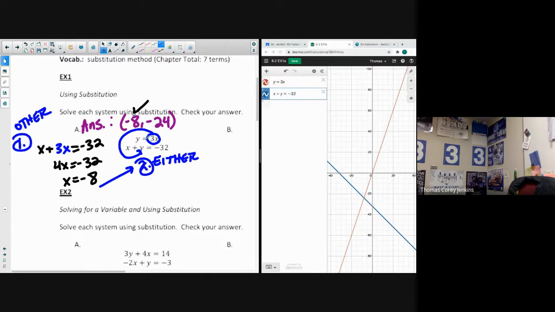I can either sub in negative 8 there or there. It looks easier on the top, so that's what I'm going to do. So y equals 3 times x, which we know is negative 8. I'm going to sub that in. So y equals negative 24, which we already know checks out. So I'm going to box in my answer. Now I've got the work to go with it.